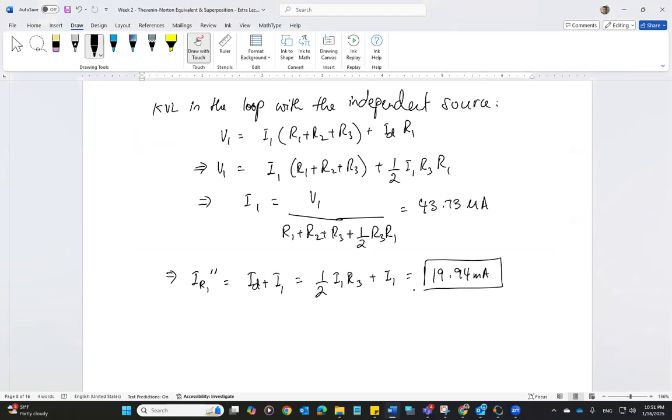This is the contribution of the current flowing through R1 due to only the voltage source.